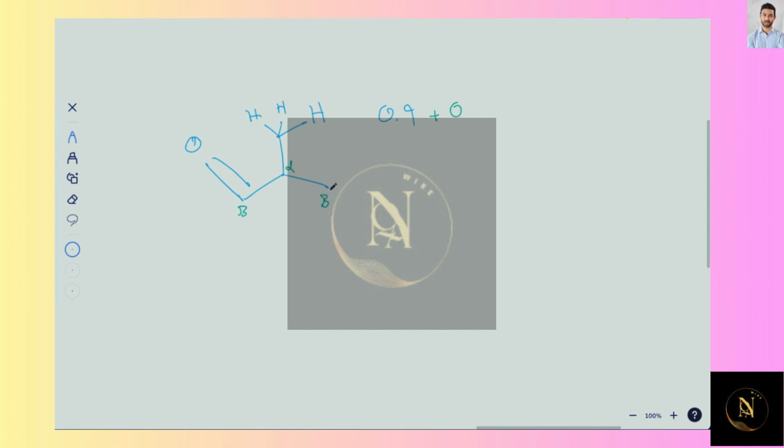What's at the beta position? This is an R, so we add 0. But here, we have a carbon doubly bound to oxygen and also a hydrogen here. So we basically find the value at the beta position for an aldehyde, and we're told that at the beta position, an aldehyde will shift by 0.4. So altogether we have 1.3.